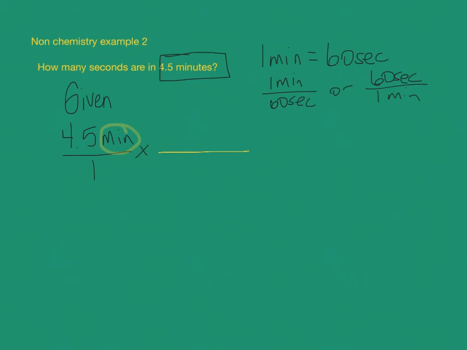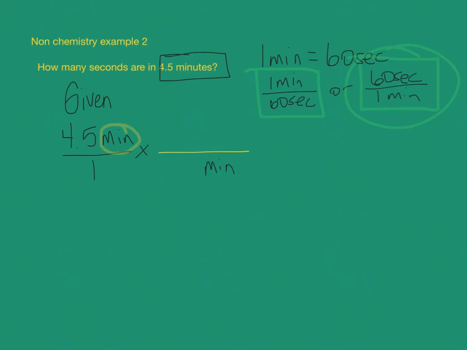I need minutes. So I have to have minutes here. Again, this is so they cancel out, because whatever you have on the top, you have to have on the bottom. Okay, so when I look at my two conversion factors, which one has minutes on the bottom? Well, obviously, it's this one.